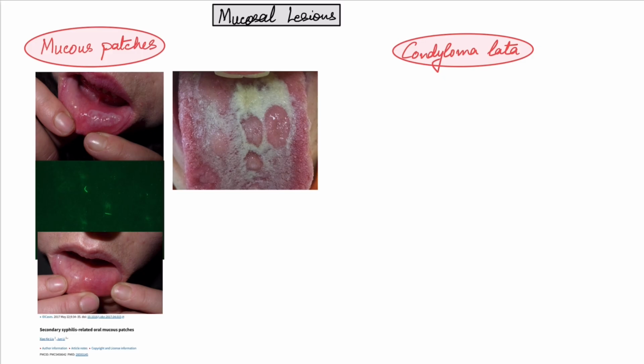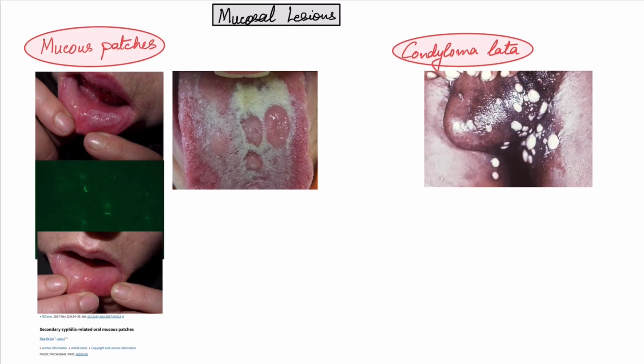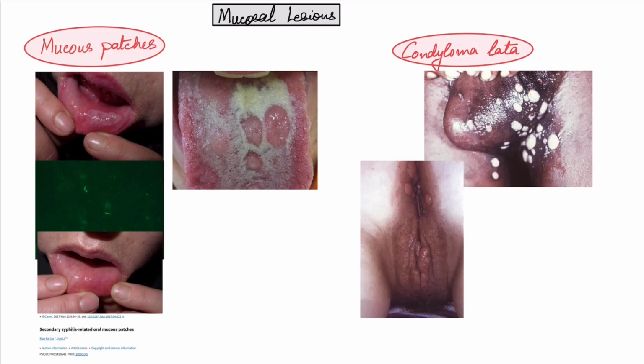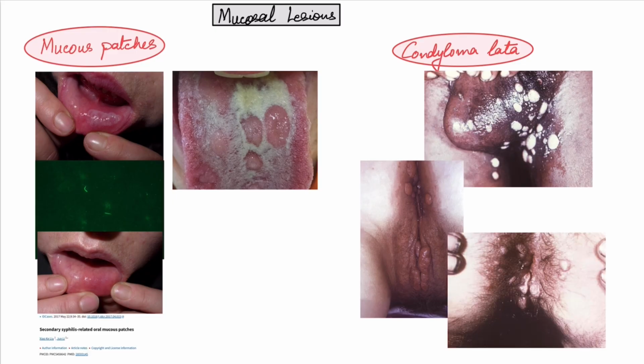It is condyloma lata. These are flat topped verrucous papules seen over the mucosa and the cutaneous part as well, at the mucocutaneous junction. So we can see them over the groins, over the vulva and over the perianal region. They are often confused with viral warts.